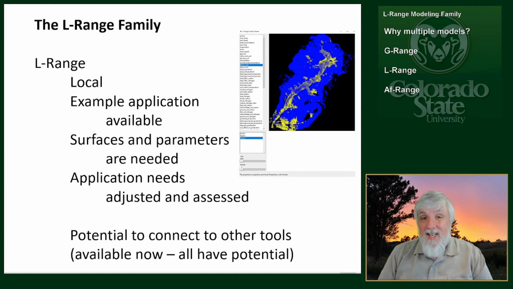There's potential to connect to other models, other tools, as I've spoken of. Of course, that's true for any of the tools. Any can be edited to join with other modeling tools and what have you. But here I'm speaking of software available now. So LRange has been edited. Now, again, this is a separate program.